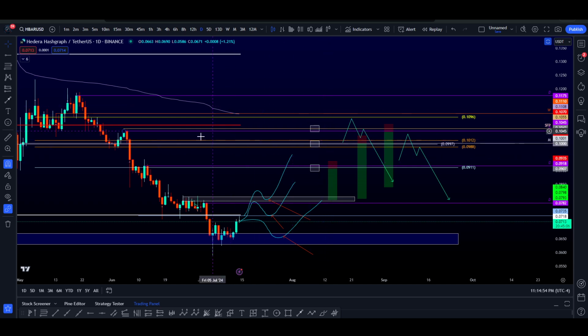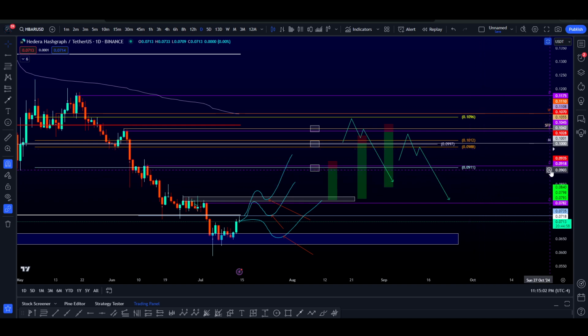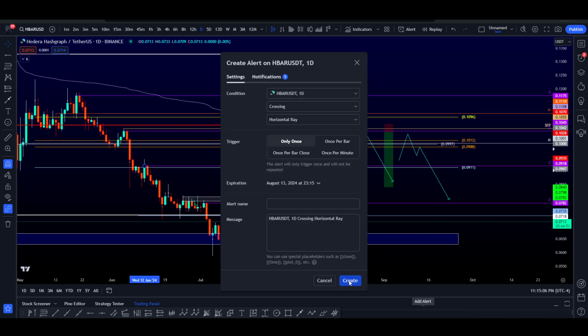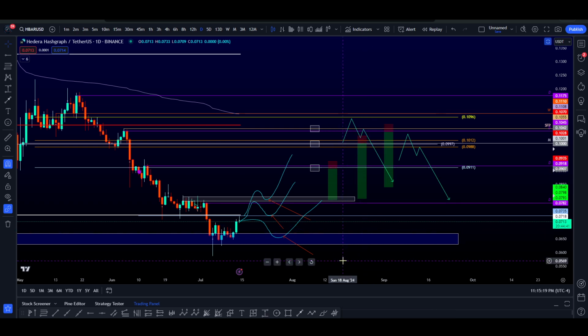This is actually very good TA. I like these areas a lot. Let me go ahead and set some alerts, actually. Alert there. Going to set an alert here. Also set an alert on here. And I'll set an alert on here, because if we break up and find support, could be a nice move up here, 13%, right?